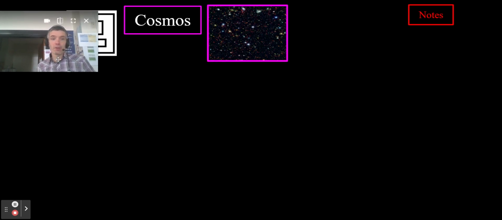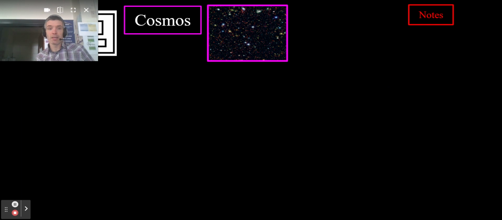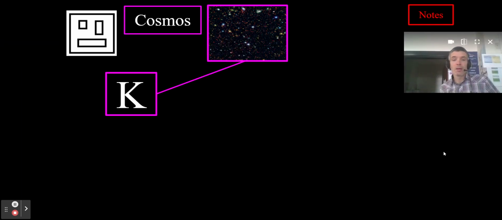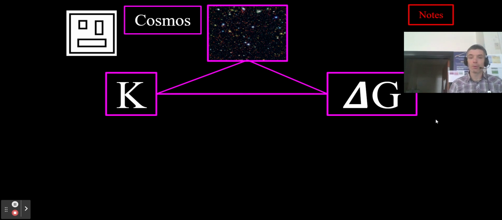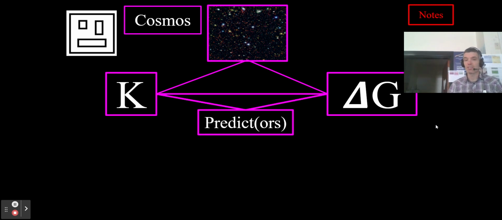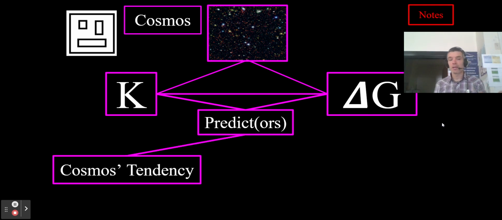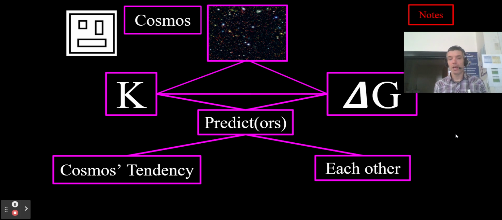Now, here's how they're connected, the meat and potatoes of the video. I've got these two numerical values about a reaction, the equilibrium constant and the Gibbs free energy. They're both predictors of what the cosmos is tending to do with the reaction, and you can use one to predict the other.